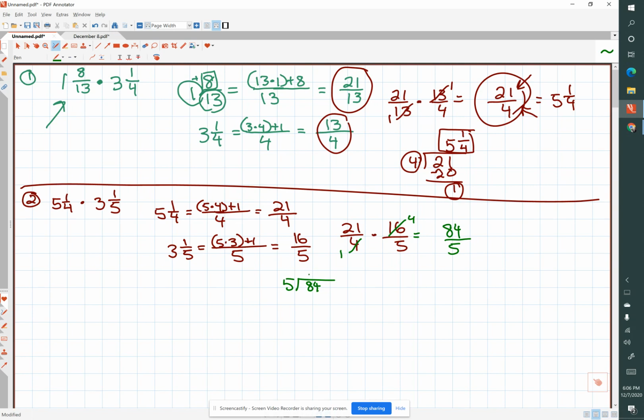And 8 divided by 5 is 1. Subtract 5. We have 3 left over. 34 divided by 5 is 6, because 6 times 5 is 30, with 4 left over. So 16 4/5 is our final answer.